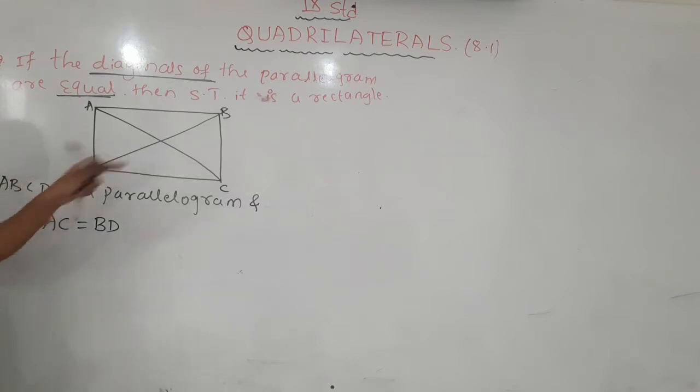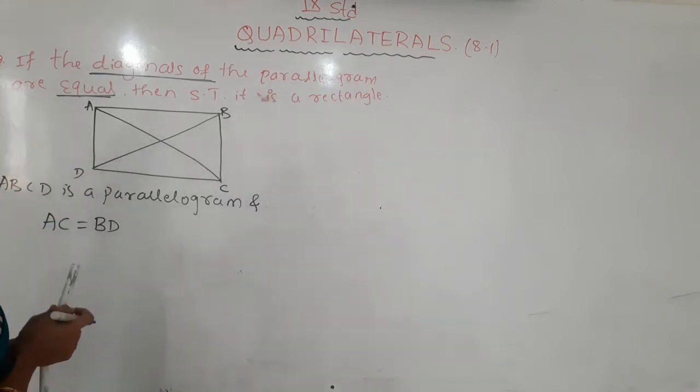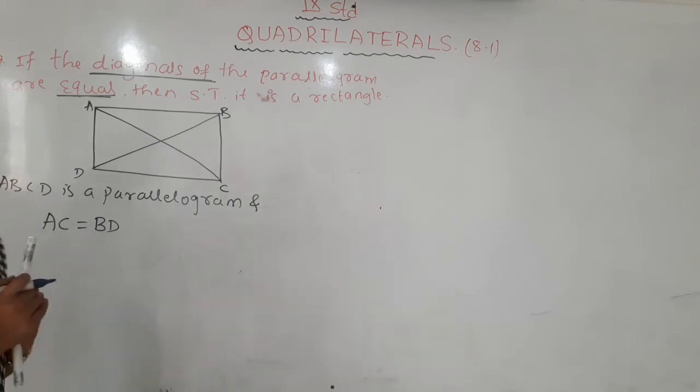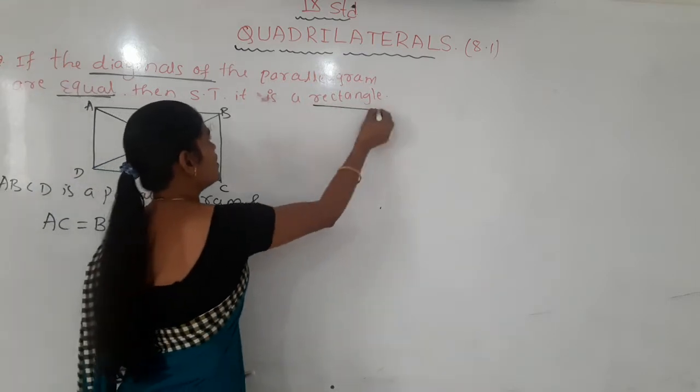Why? Because these two are diagonals of this parallelogram. AC equals BD. And what do we have to prove here? We have to show that this is a rectangle.